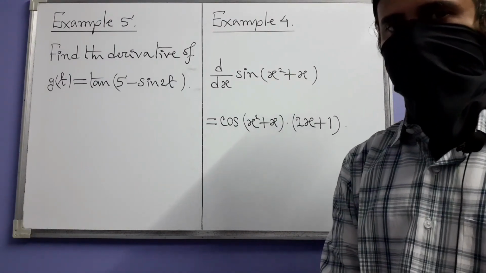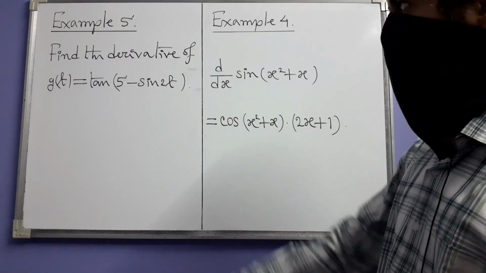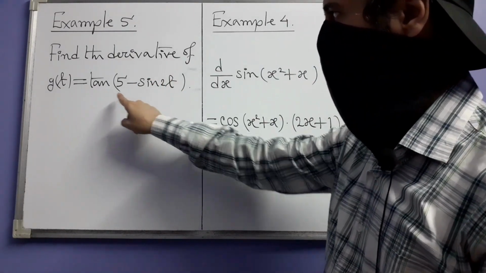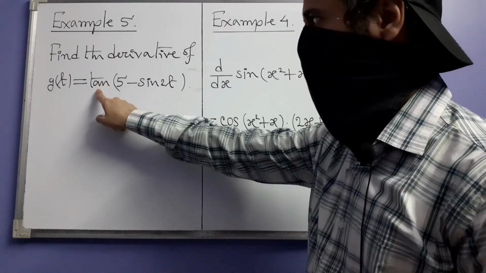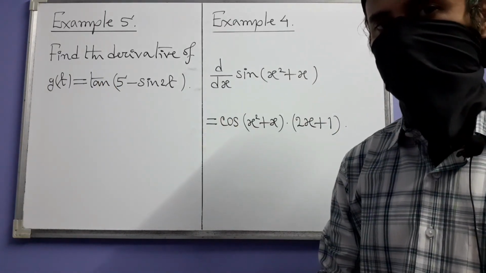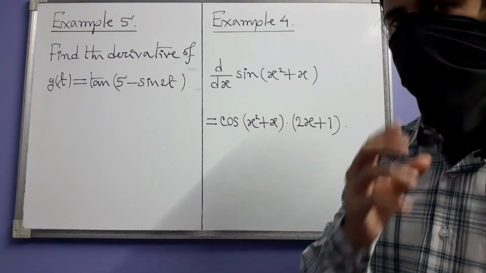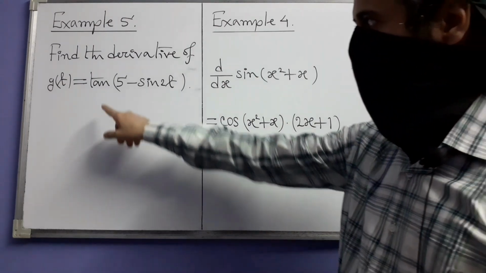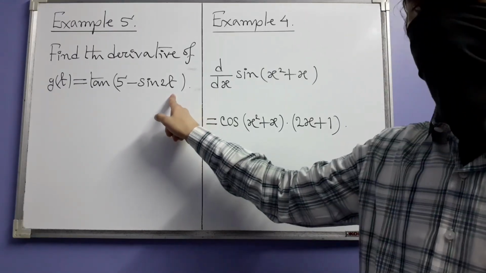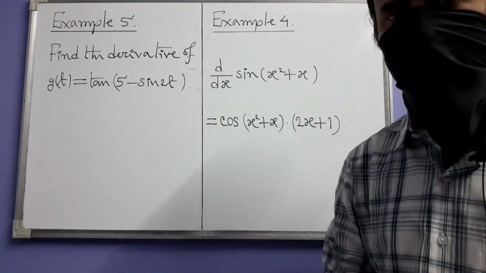Say this one, example 5, where we have to find the derivative of this function g of t, which is this composite function tan of 5 minus sine 2t. So you see that it's not exactly just two rooms. First you have the tan room, then inside you have this room, 5 minus sine 2t.